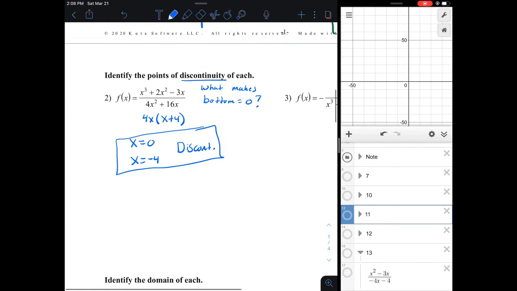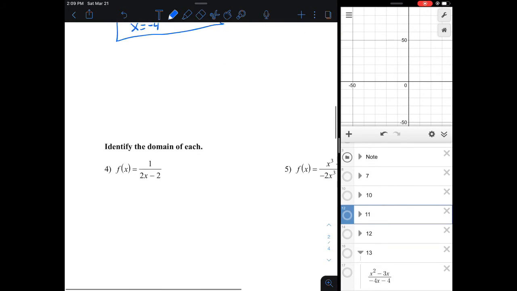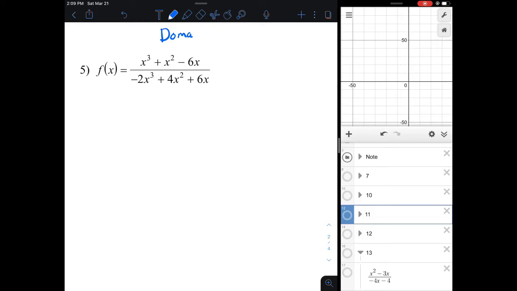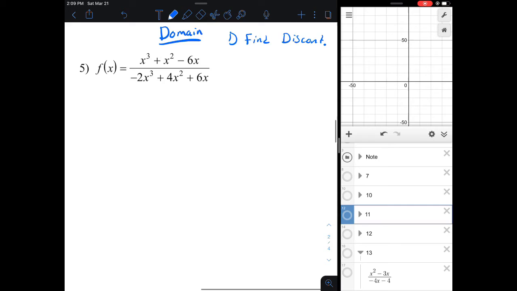Now, to find the domain, I'm going to go over here to number 5. So our goal is to find domain. To find the domain of a rational function, you first find your discontinuities. Which means I have to factor my denominator. So I forget about my numerator and just write my denominator back up here on the top.